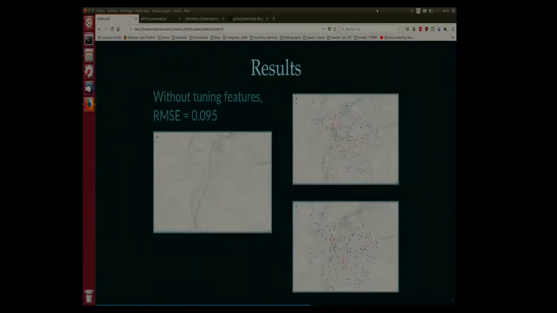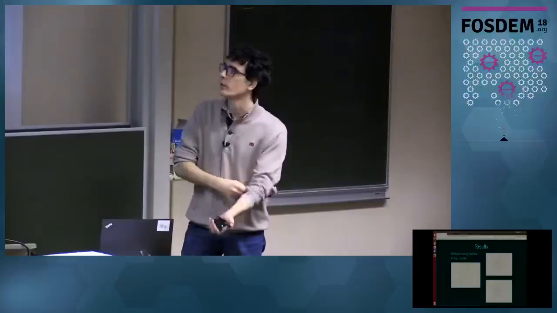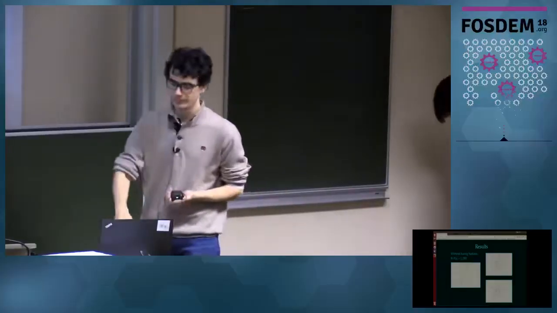We didn't really work on the features. We didn't try to improve the definition of the features to get a better error indicator, but it could be a possibility to get a better result.